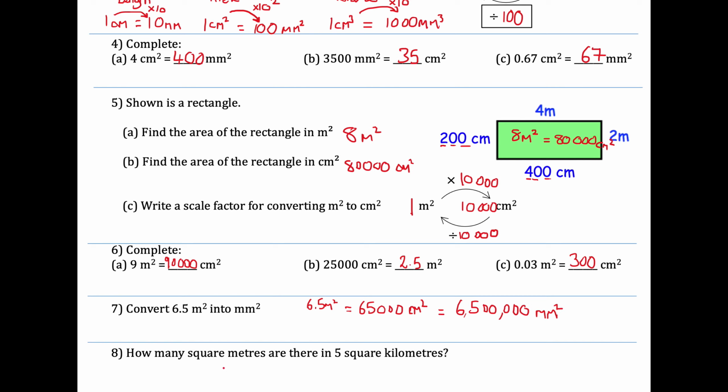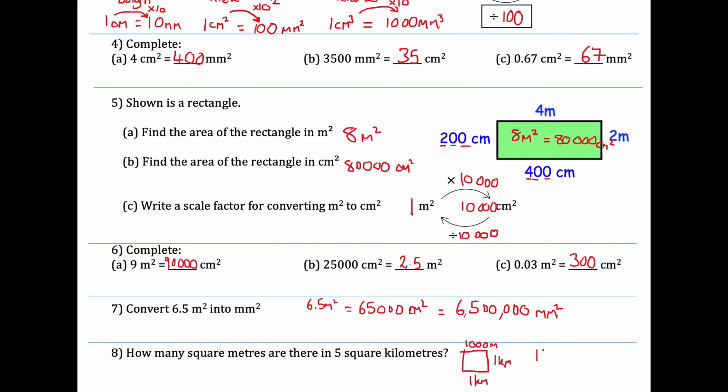And finally, how many square metres are there in 5 square kilometres? So in 1 square kilometre, that is a square with side lengths of 1,000 metres. Okay, same here.